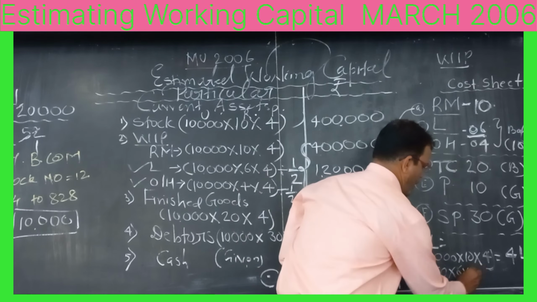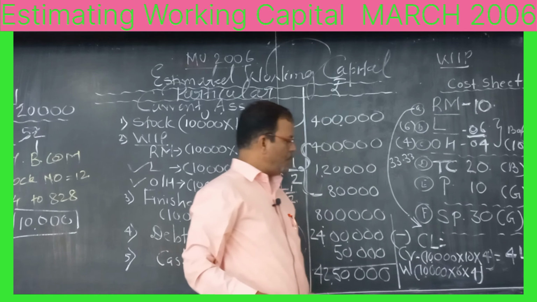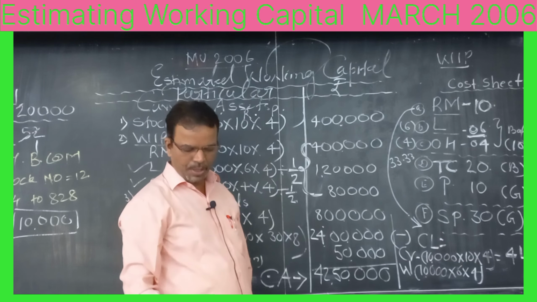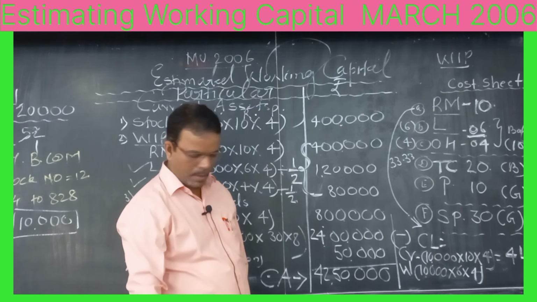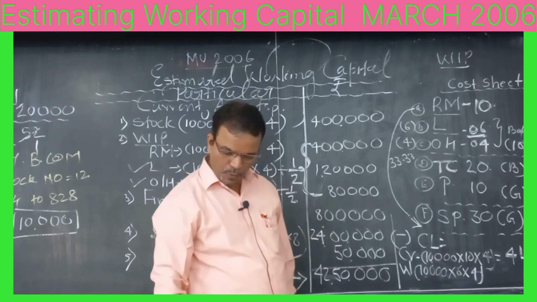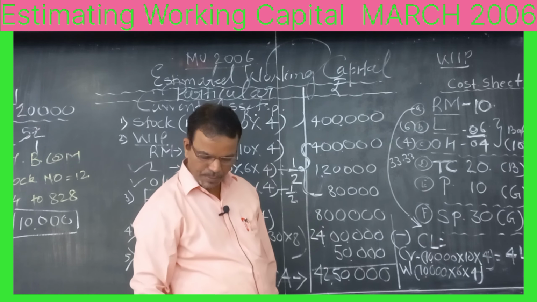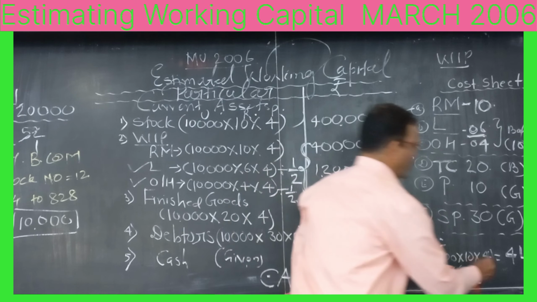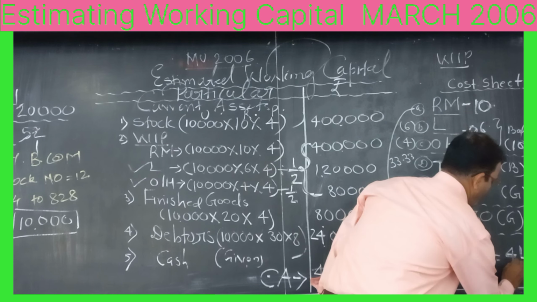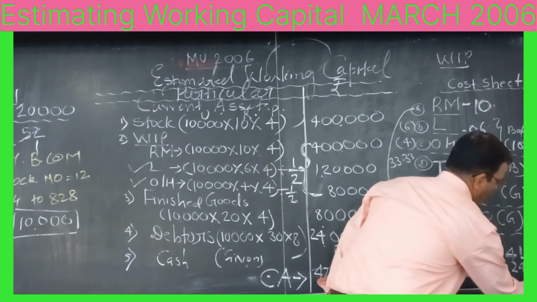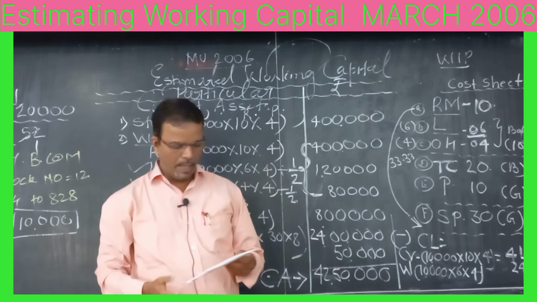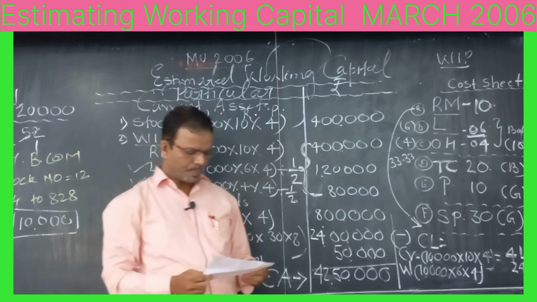So 10,000 into 6, 60,000. 60,000 into 4, 2,40,000.